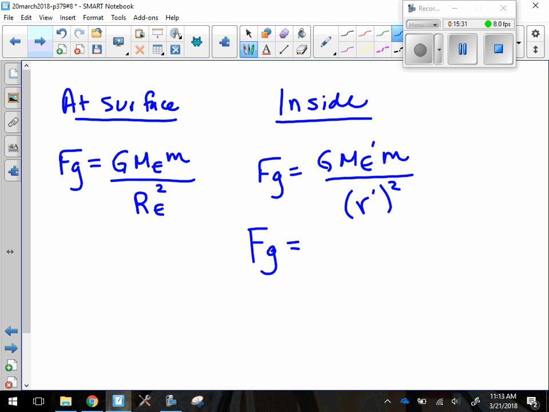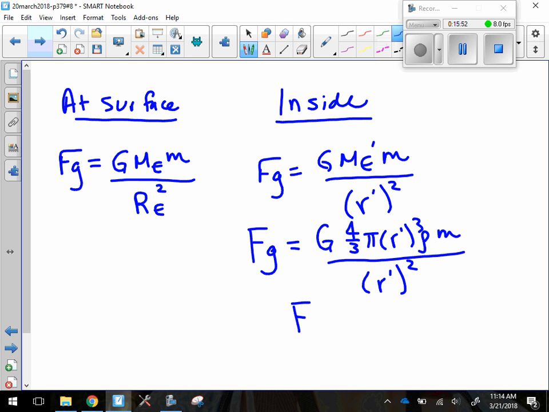But what did we say Me prime was? So Fg is really going to be proportional to R prime.